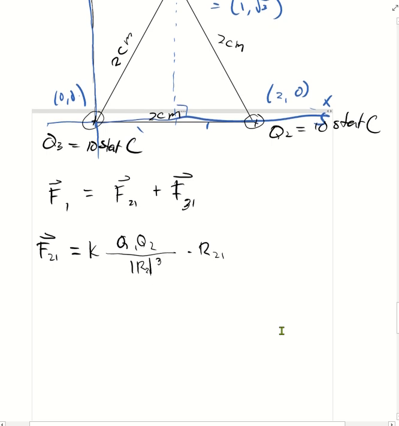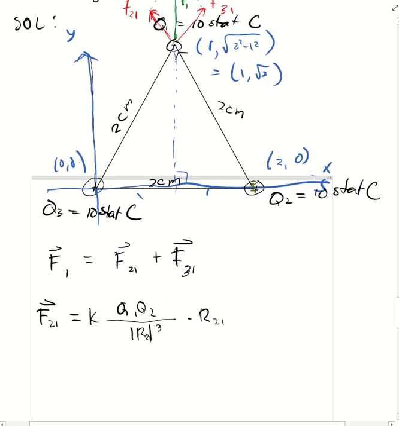Then, what is R21? R21 is obviously from here up to this one. So this should be R21, R1 minus R2. This R1 is the position vector from here, and R2 is the position vector from here.